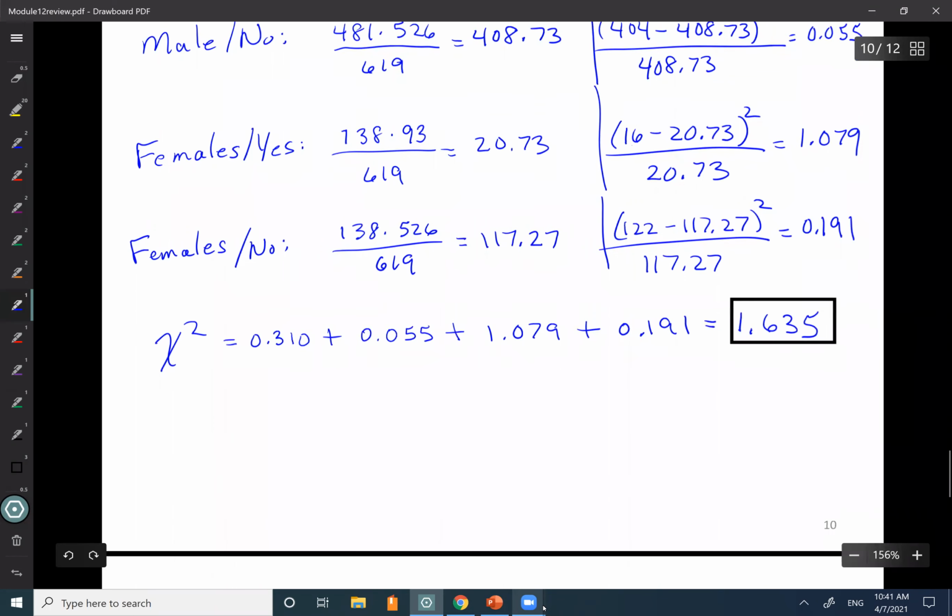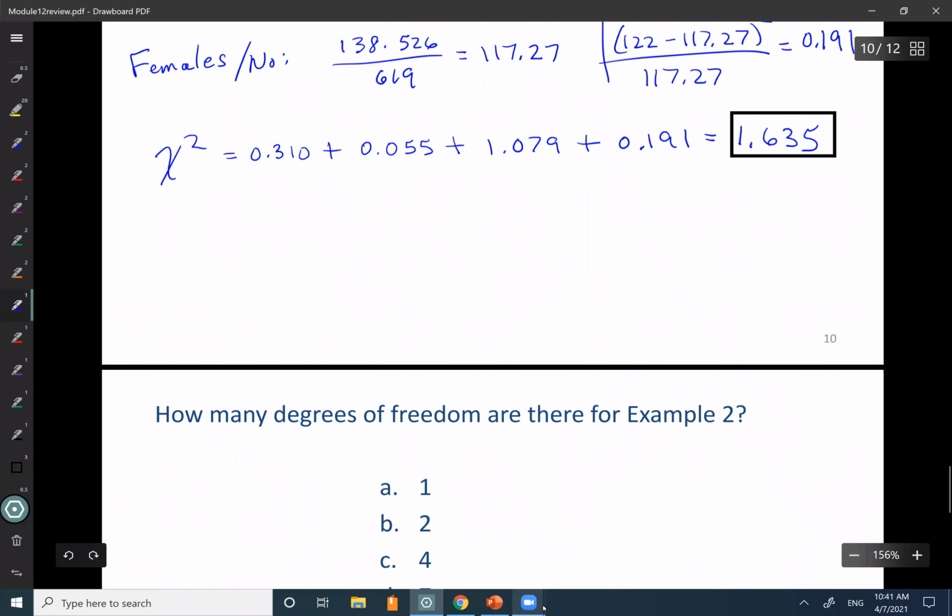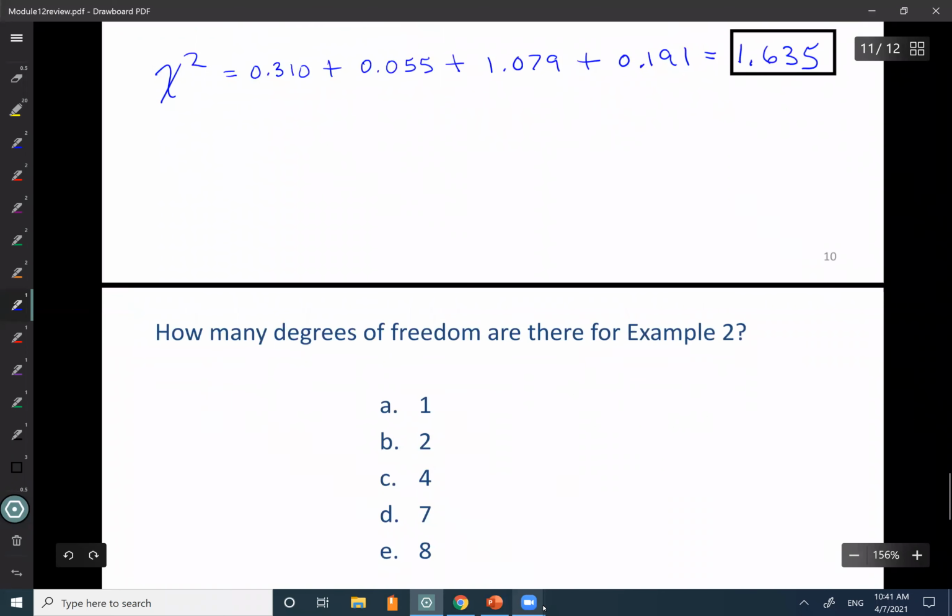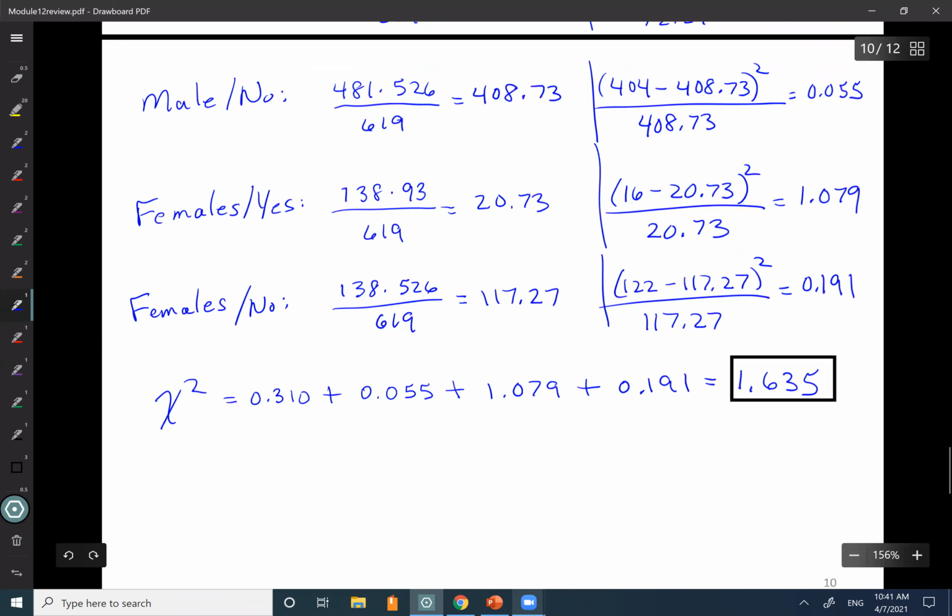So how many degrees of freedom are there then for this chi-square test? What do you think? Yeah, the numerator is always squared.